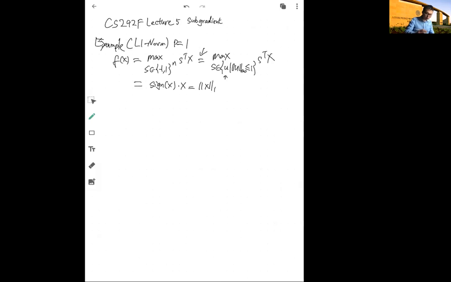Let's now calculate the corresponding subgradient of the sum of absolute values function.